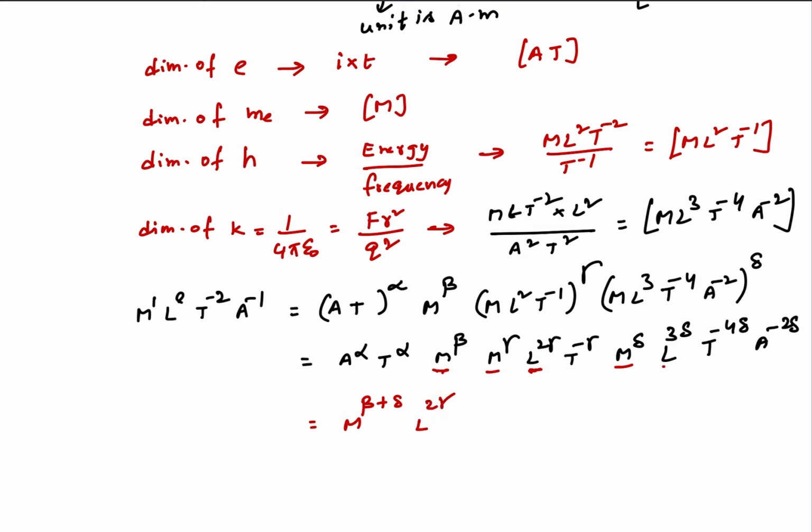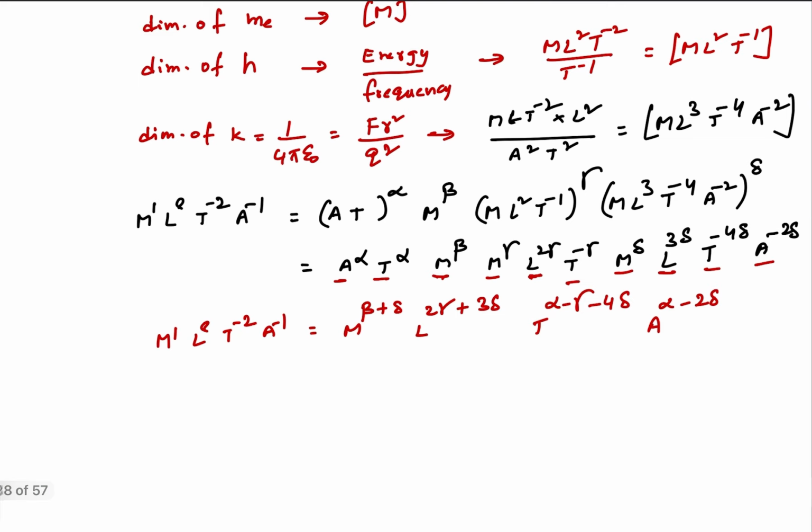Next L powers: L power 2 gamma and L power 3 delta. Next T powers: T power alpha, T power minus gamma, and T power minus 4 delta. Now A powers: A power alpha, and last one A power minus 2 delta. I hope I have ticked all values.